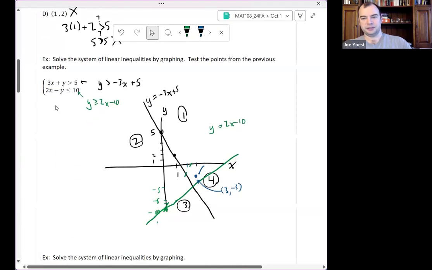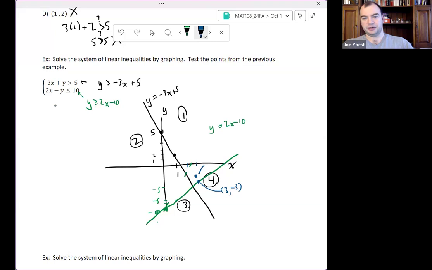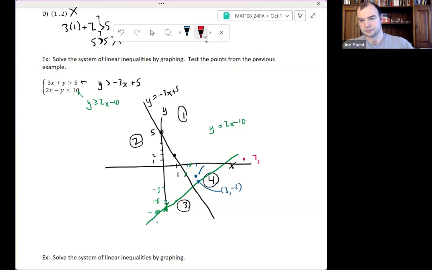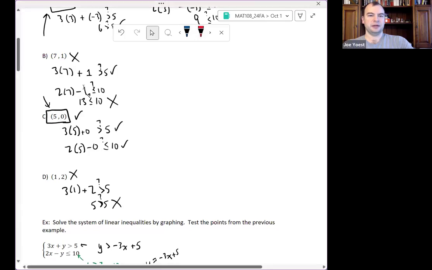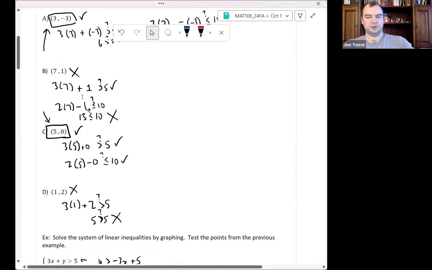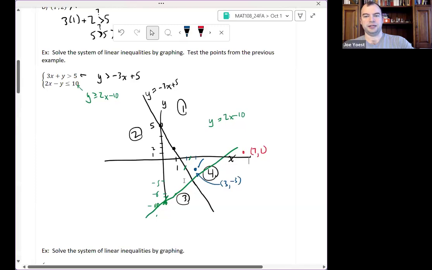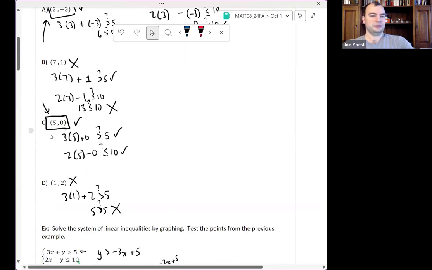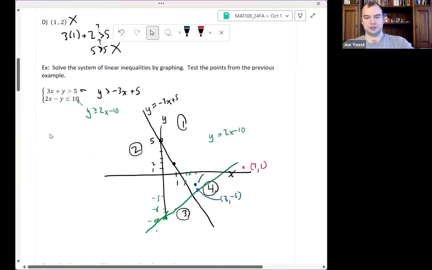7 comma 1. So over here at, say, 7 comma 1, we extend this line out a little bit. That was not a solution. It did satisfy the first inequality, this black line here, but not the second. If we look at 5 comma 0, that was a solution.